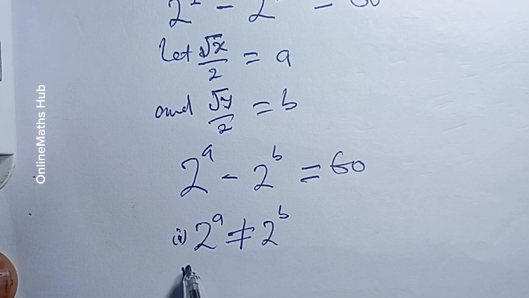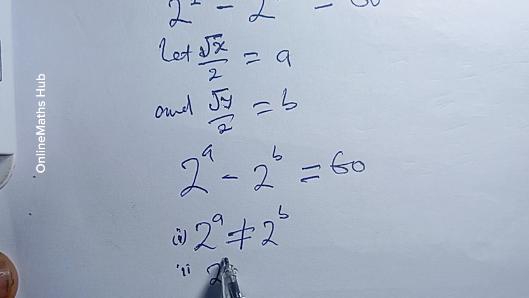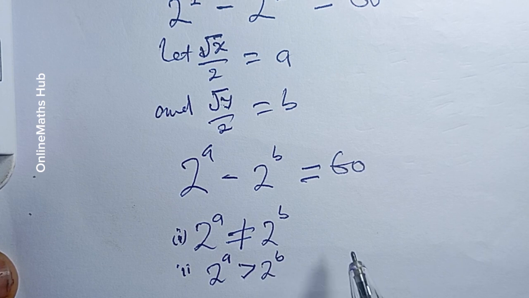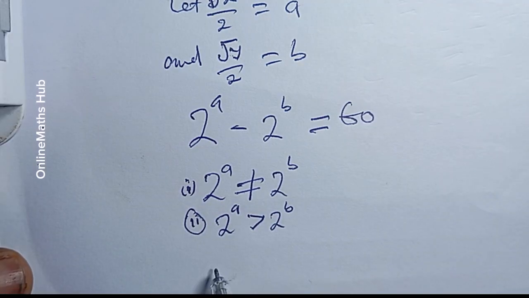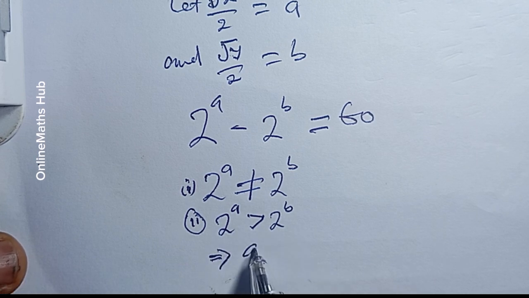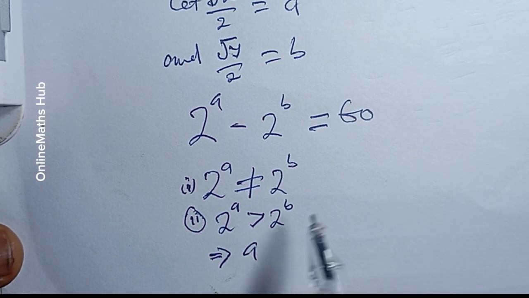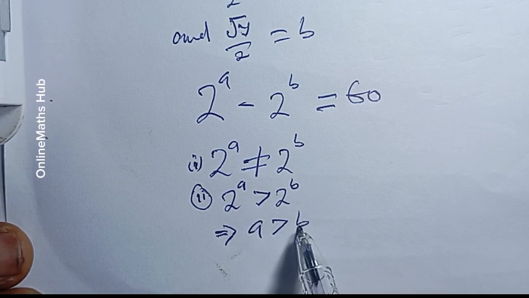The next thing is that for this to be true, 2 power a is going to be strictly greater than 2 power b. And if that happens, this implies that a, since they have the same base, will be strictly greater than b.